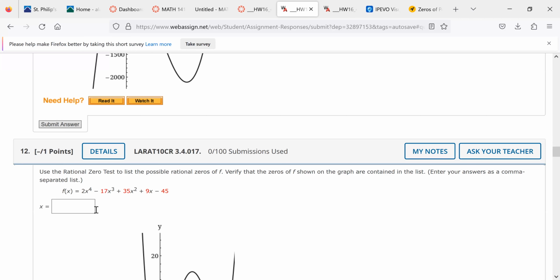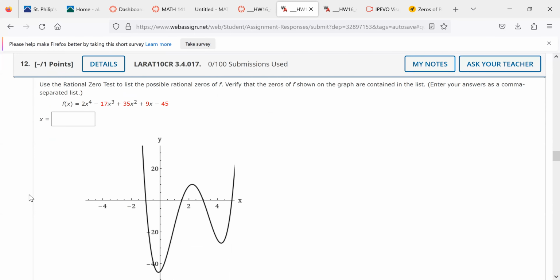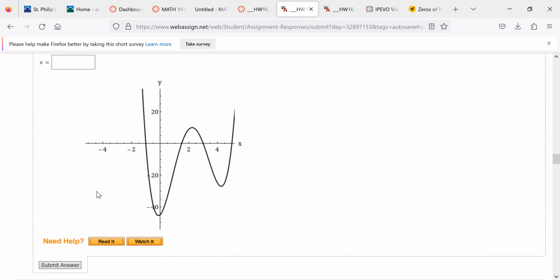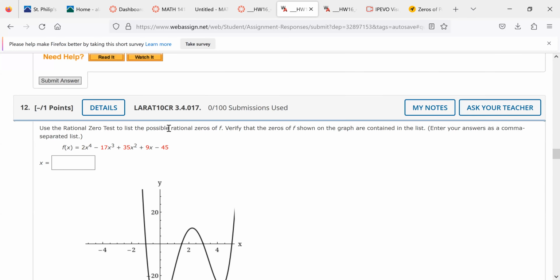This is a good one. See how there's a 2 now? Yeah, let's do this one. Possible zeros. All right, we're not finding the actual zeros. The graph tells you the actual ones, right? But we want the list of possible. So the possibilities I wrote down, only a couple will work.